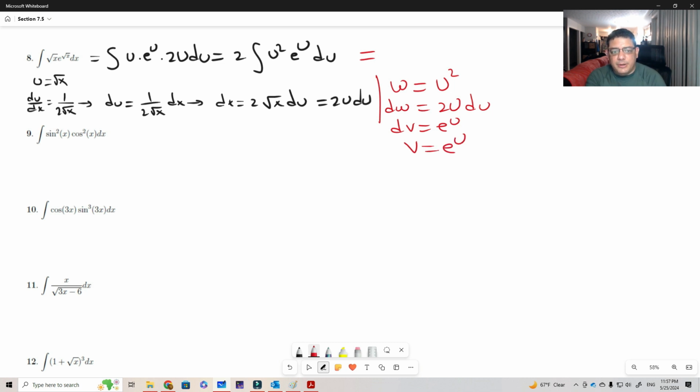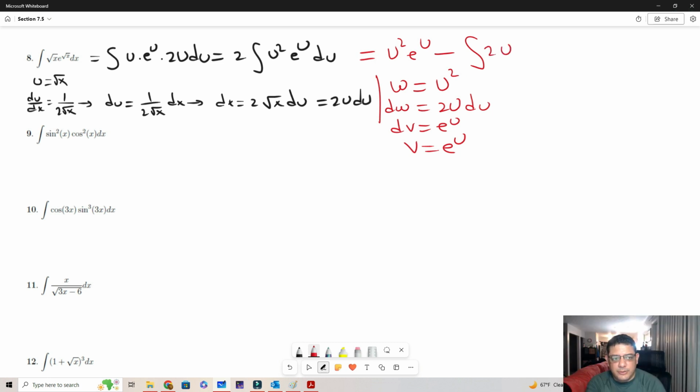So my parts is going to be v times w. Remember that w is taking the place of where usually we have u. So this will be u squared times e to the u minus the integral of v dw, so minus twice u e to the u du.